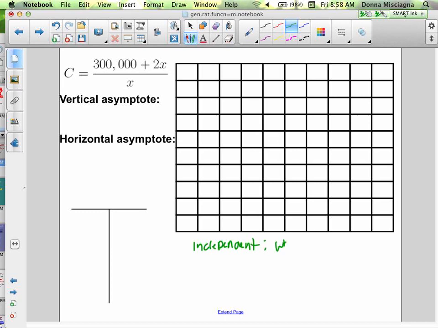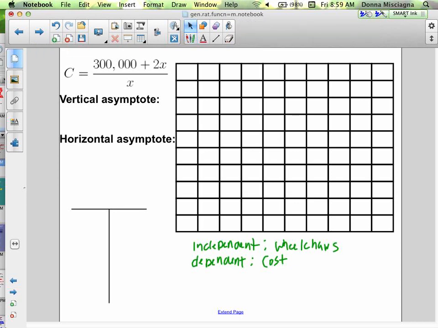Wheelchairs. And therefore, of course, our dependent is the cost. The more wheelchairs we make, the more it's going to cost. But how much more does it cost? All right, so we want 10,000. I guess we'll go up by thousands. That'll work.